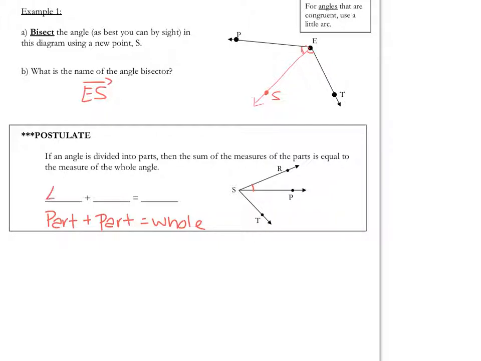It's going to be angle RSP. And then this one, angle PST. And then that's going to equal the whole angle. So it's going to be angle RST. So part plus part equals the whole.